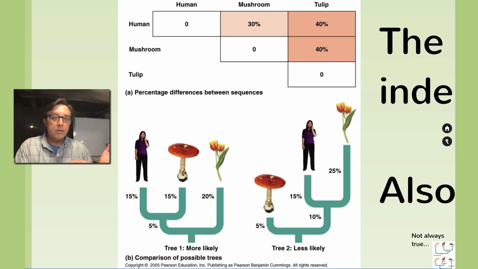Looking at the other tree, we have their first branch event. The fungus go off on one side, accumulate 5% mutations, and then stop evolving. And then on the other side, we have another branch point, and animals go off, humans go off and diverge and accumulate 15% mutations, and then they stop.